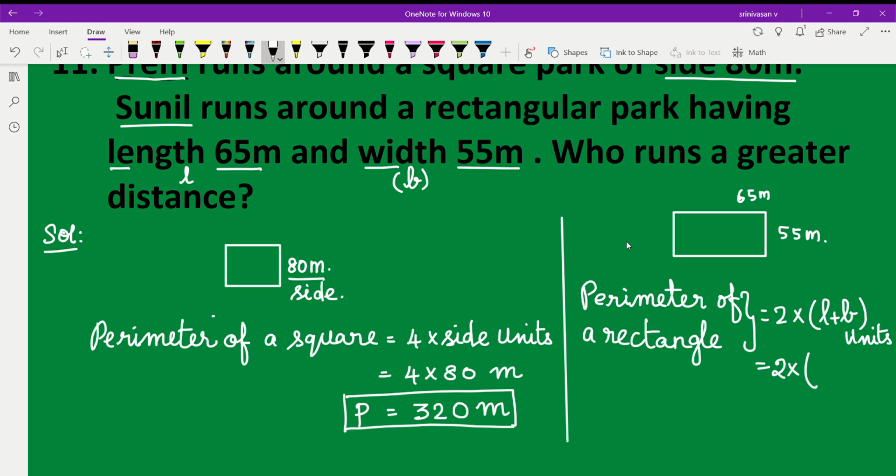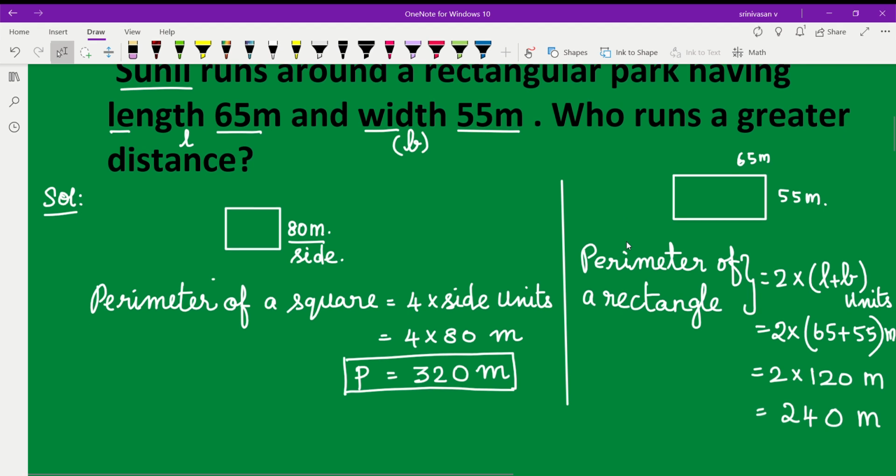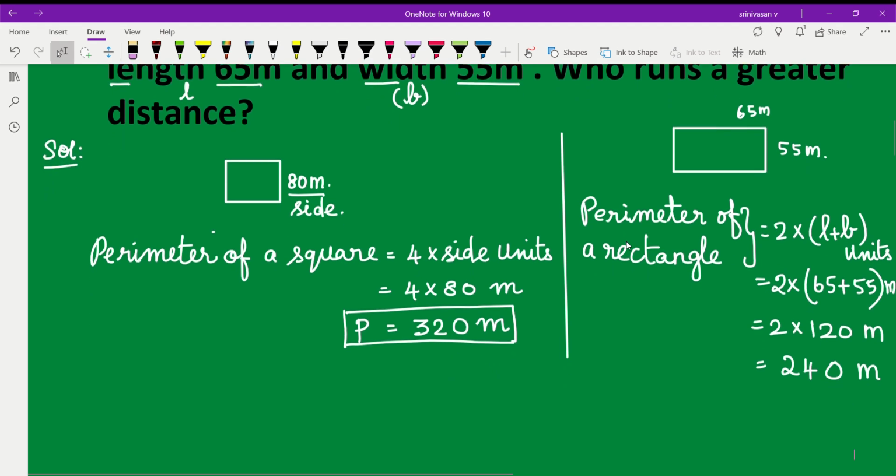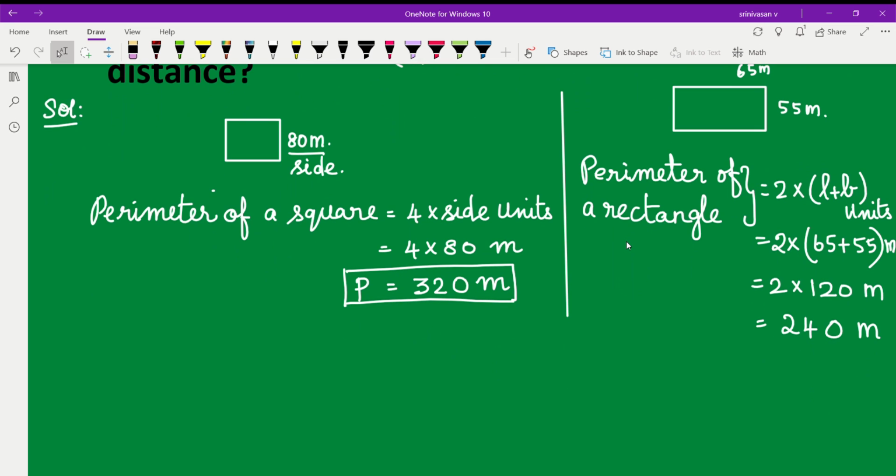Length is 65 and breadth is 55 and the unit is meter. That is equal to 2 into (65 plus 55), which is 120 meter. So 2 12s are 24 and add the 0. 240 meter.